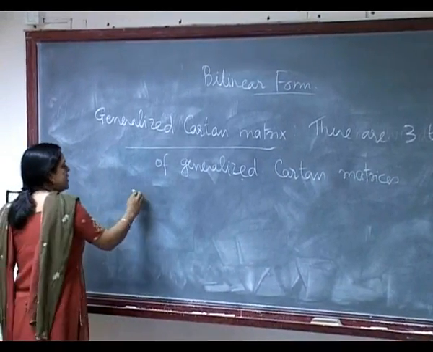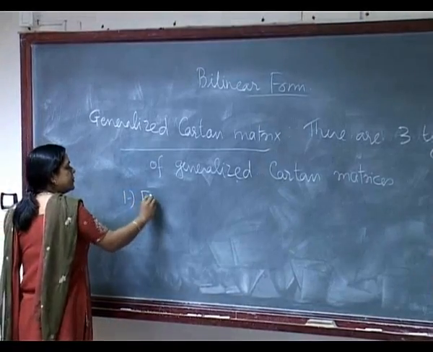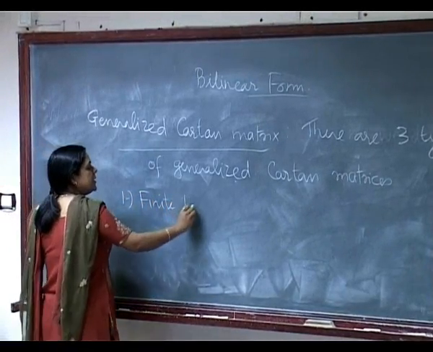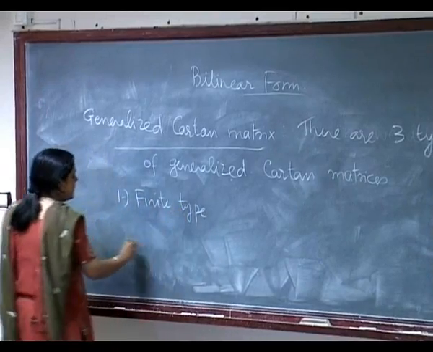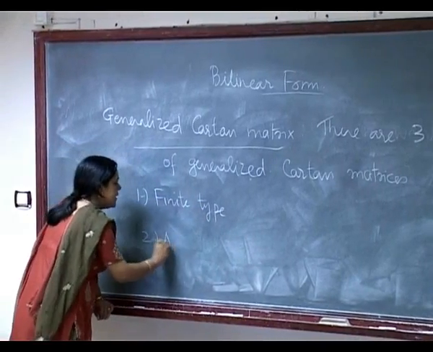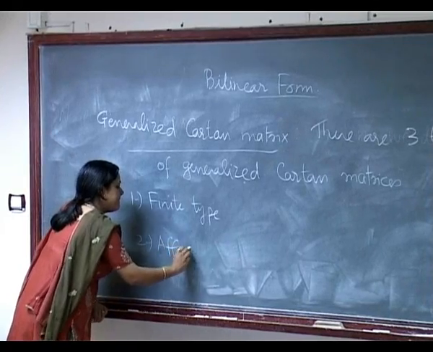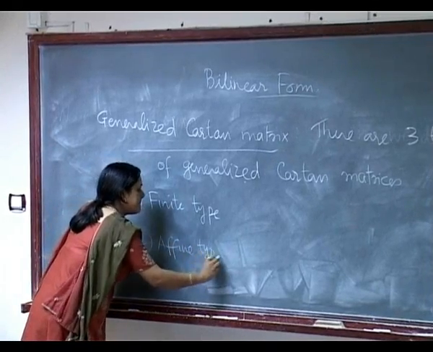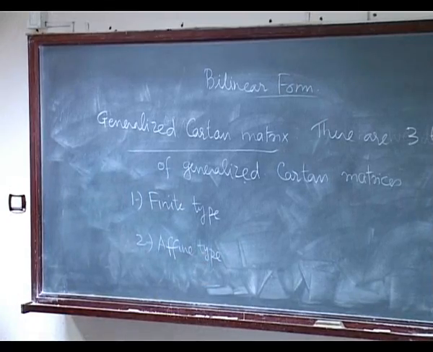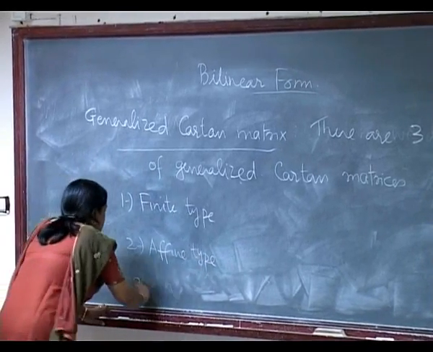One is finite type, another is affine type, and the third is indefinite type.